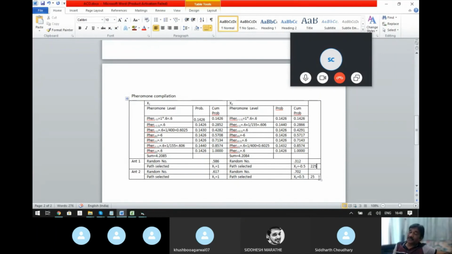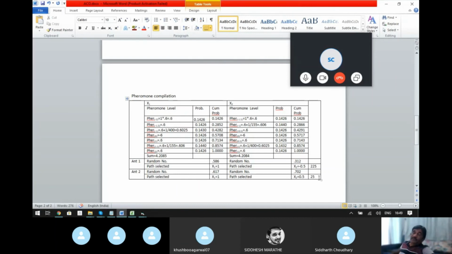So on lesser function value paths, higher pheromone will be deposited, and this is how, by the ants choosing lower function value paths, all the ants will then start traveling on the same path, depositing more and more pheromone on the shortest or minimum function value path.